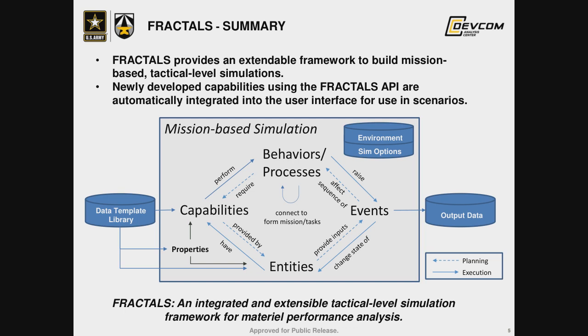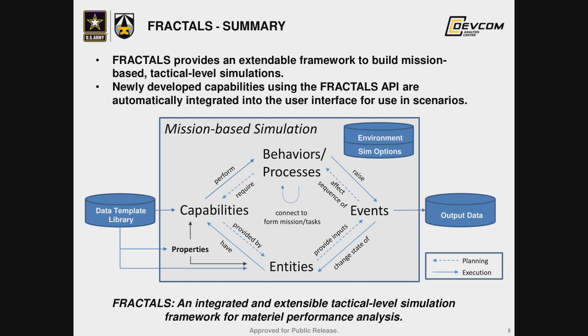The diagram in the middle explains everything, the loop of what happens when you execute. You have your entities that have capabilities and properties. Those capabilities are what perform the behaviors and processes, which are all linked within that process flow. As those execute, they raise events. Those events then change the state of your entities and also affect the sequence of behaviors and processes.